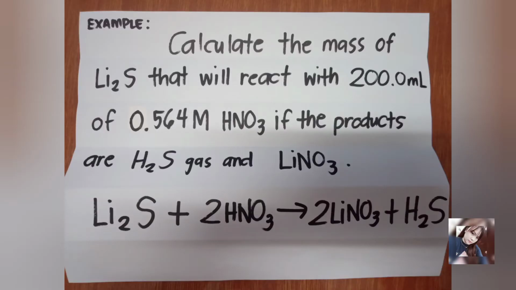For example, calculate the mass of lithium sulfide that will react with 200 mL of 0.564 molar nitric acid if the products are hydrogen sulfide gas and lithium nitrate. Given the equation, Li2S plus 2HNO3 to form 2LiNO3 plus H2S.